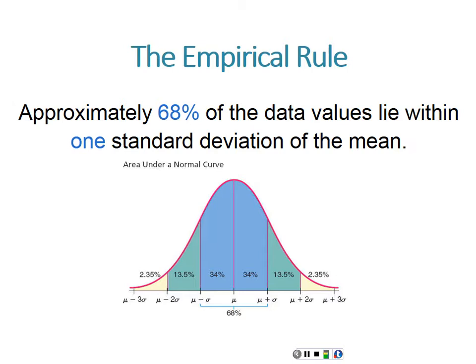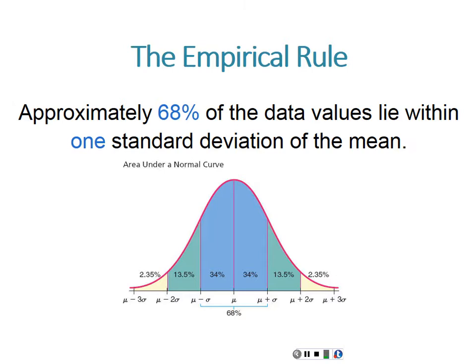So if you were to select a random value x that had a normal distribution, and you were to figure out that it was within 1 standard deviation of the mean because you took the mean and added 1 standard deviation, let's say the mean was 10 and the standard deviation was 5, and you added 10 plus 5 and got 15, if your random selection was 12, that means it's within that 68% that's in that middle chunk.